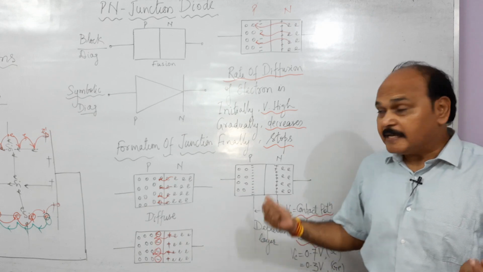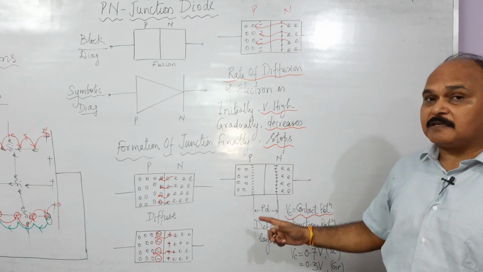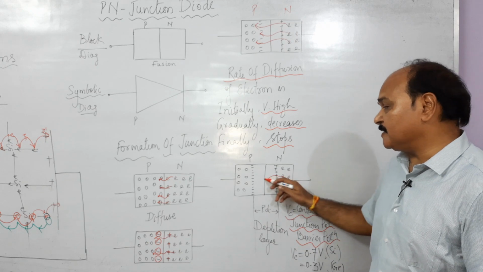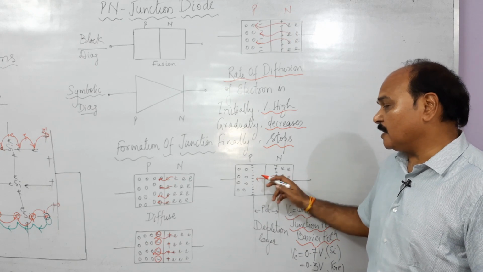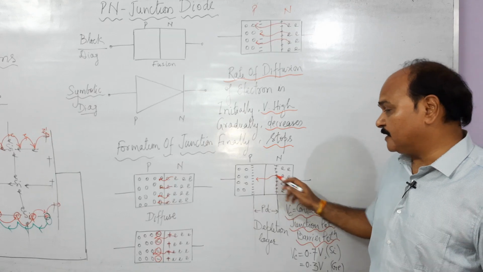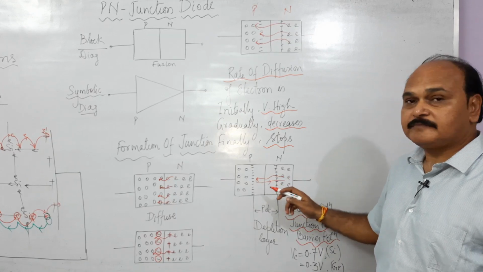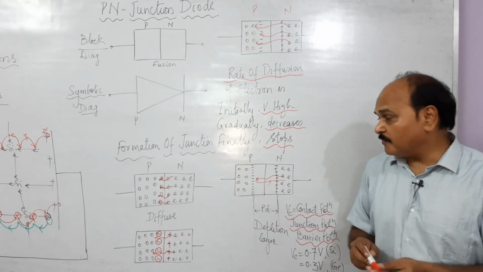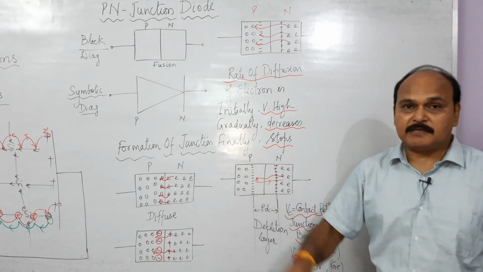Why? Because this potential difference acts as a barrier for further diffusion of electrons from n side to p side. These electrons are not able to move to p side. If they try to move, they have to return back. So this potential difference acts as a barrier for diffusion of electrons from n side to p side.